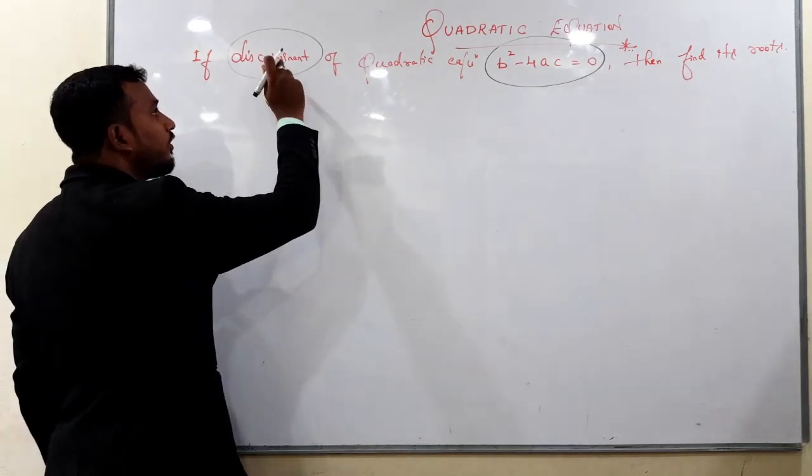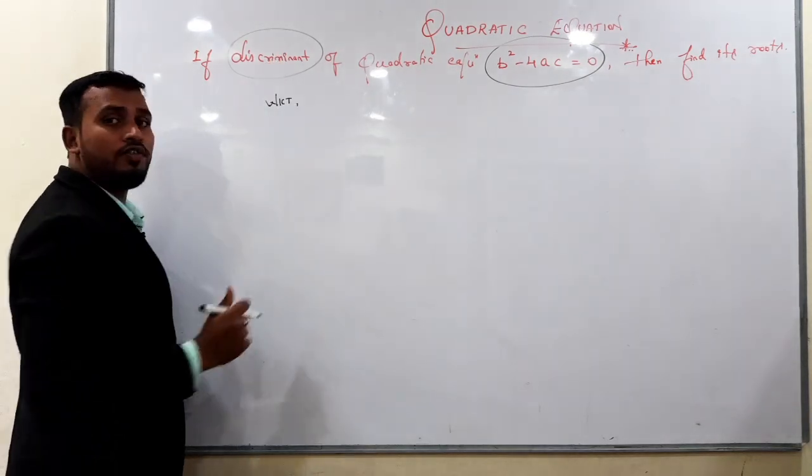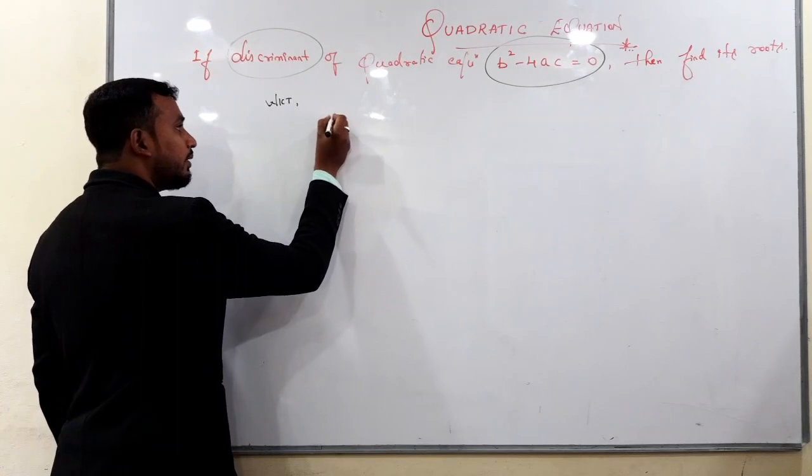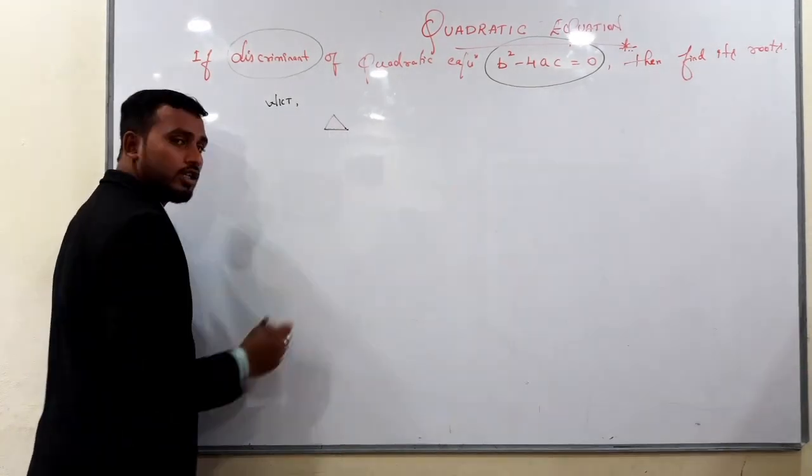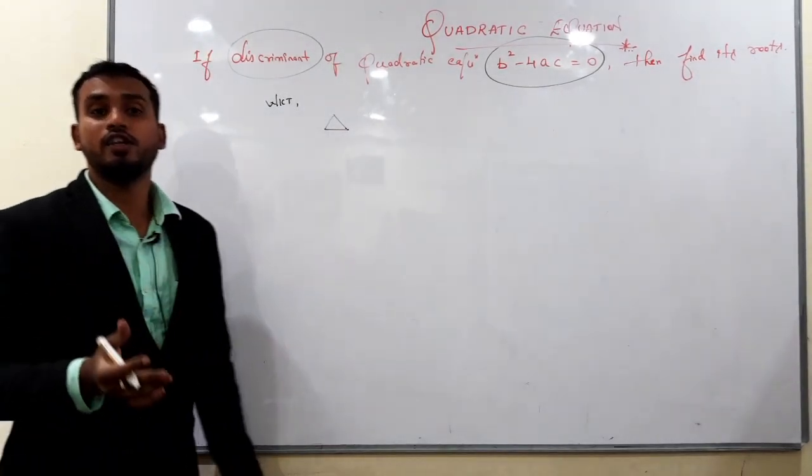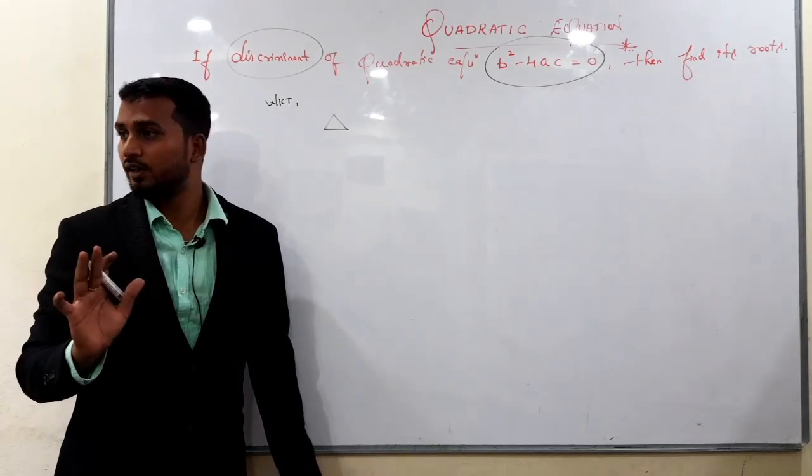We know that the value of the discriminant, we denote by the symbol delta or small letter d, both are discriminant.